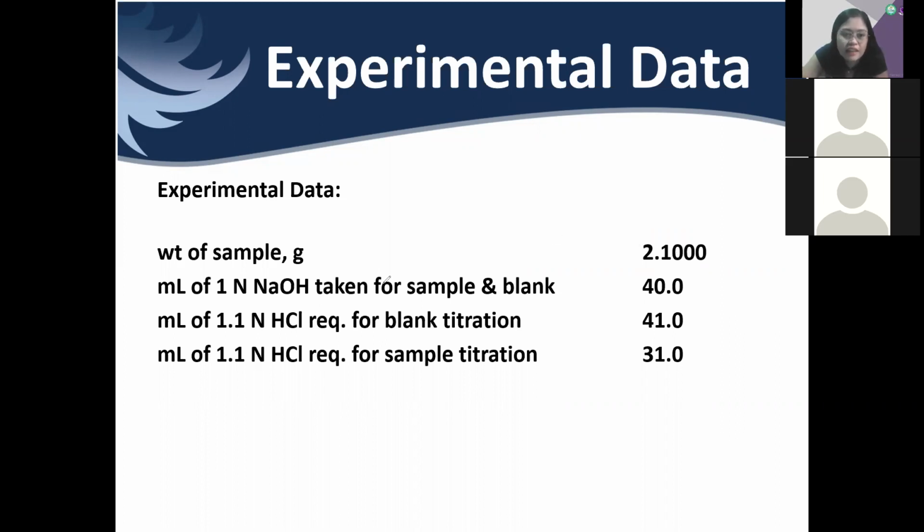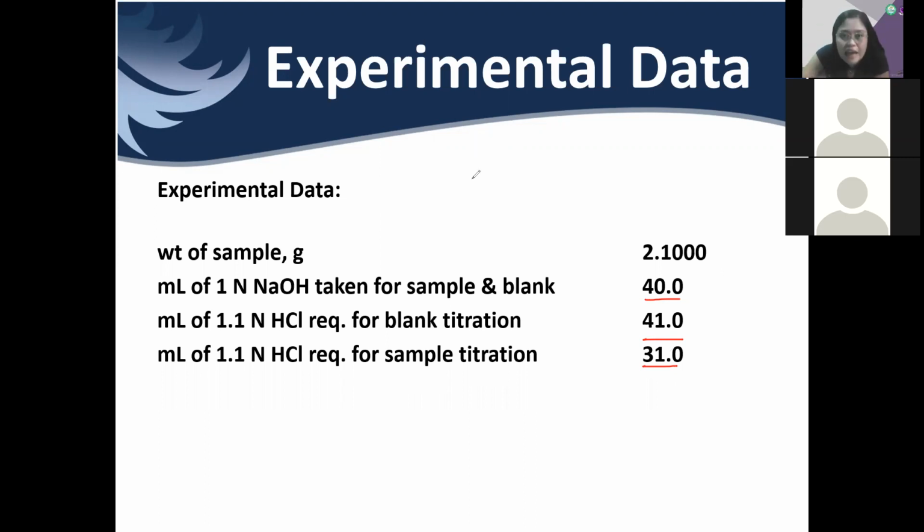Take note of this: mL of NaOH taken for sample and blank, this is 40 mL of 1.1 normal HCl required for blank titration, that's 41 mL, and mL of 1.1 normal hydrochloric acid required for sample titration, that is 31 mL.